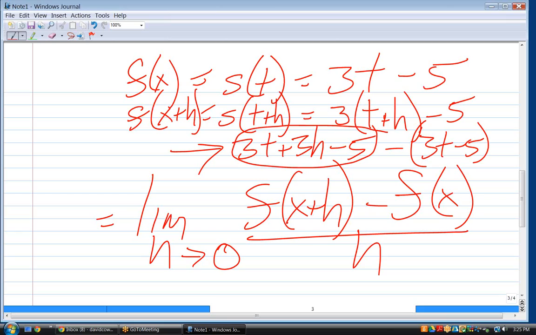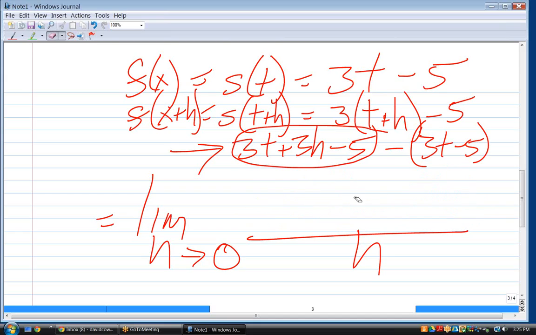Well, the 3t's cancel. This 3t cancels with that 3t. Oh yeah, and then the minus 5s cancel also. So what am I left with? 3h. Okay. Now I have this problem.